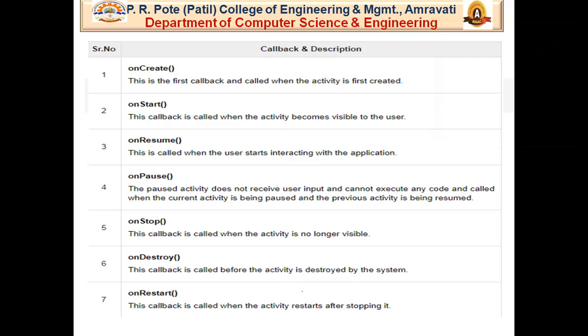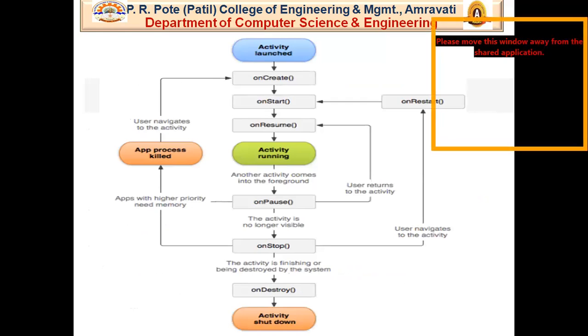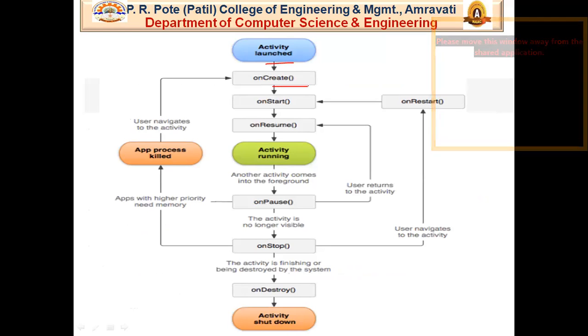So let's discuss the flowchart of the activity life cycle. As I already told you, whenever an activity starts, that is the activity launch, the first method called is the onCreate method. onCreate is the method which sets the content view for you.